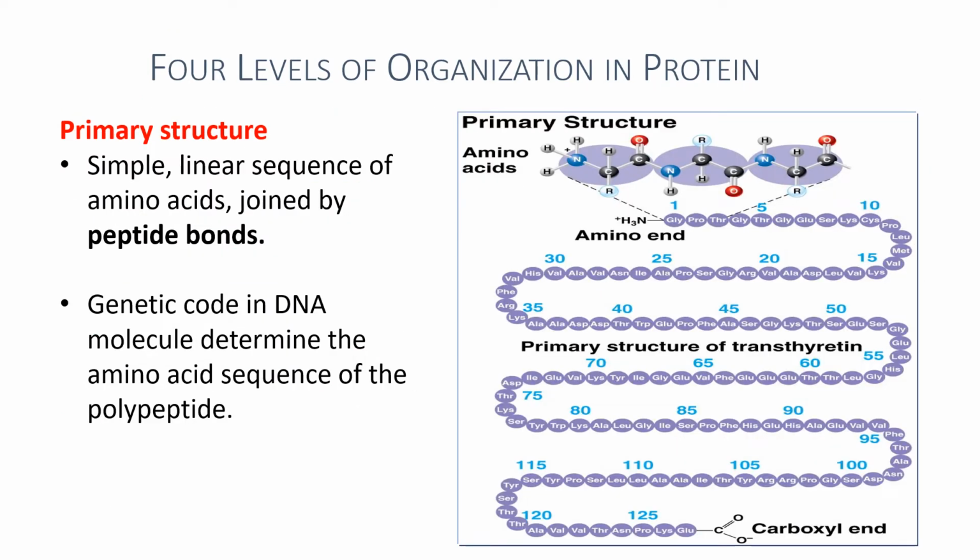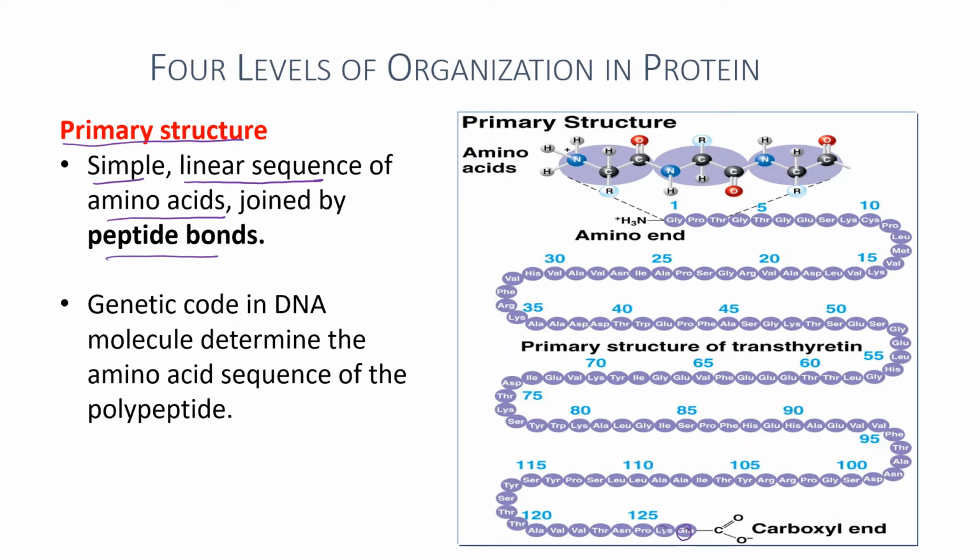Okay, the primary structure is a simple linear sequence of amino acids joined by peptide bonds. Genetic codes in DNA molecule determine the amino acid sequence of the polypeptide. So this is just a simple structure of a polypeptide chain for the primary structure.